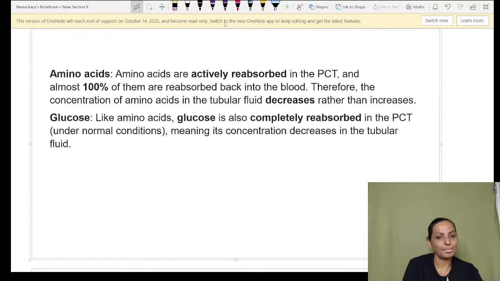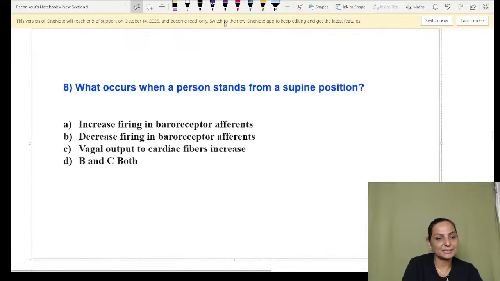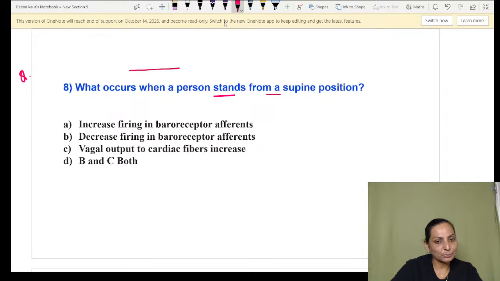Now, so amino acids 100%, glucose 100% reabsorption in the PCT. Now, what happens when the person stands from a supine position? Again, very interesting question. Suppose the person is supine and immediately he is standing.